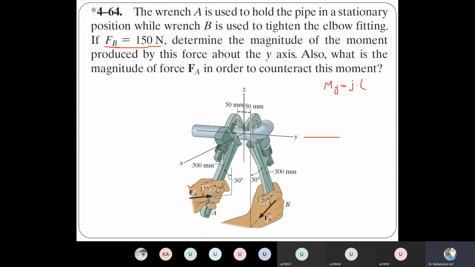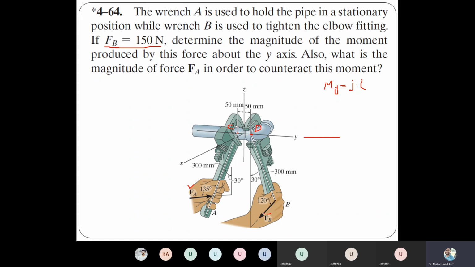Let's name this point C and this point D. So from here to here we have the moment arm, which is on the line of action of the force, but we need this moment arm in vector form as well as the force in vector form.